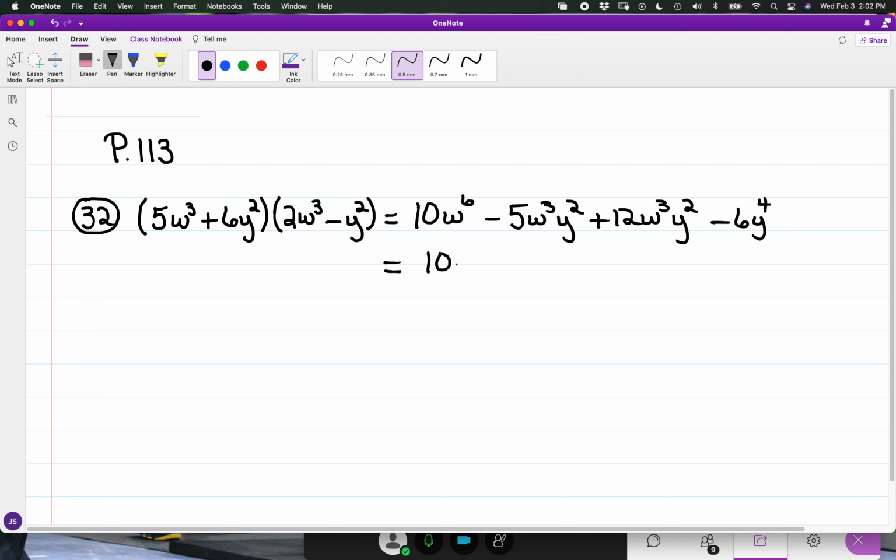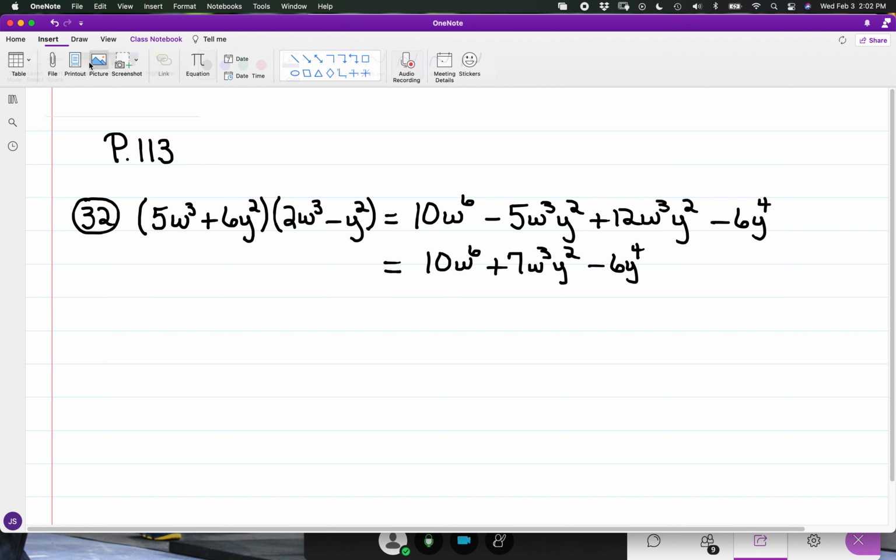Joining those together, we come out to 10w to the 6th, plus 7w to the 3rd y squared, and minus 6y to the 4th. And that will be the final answer for this leadoff problem.